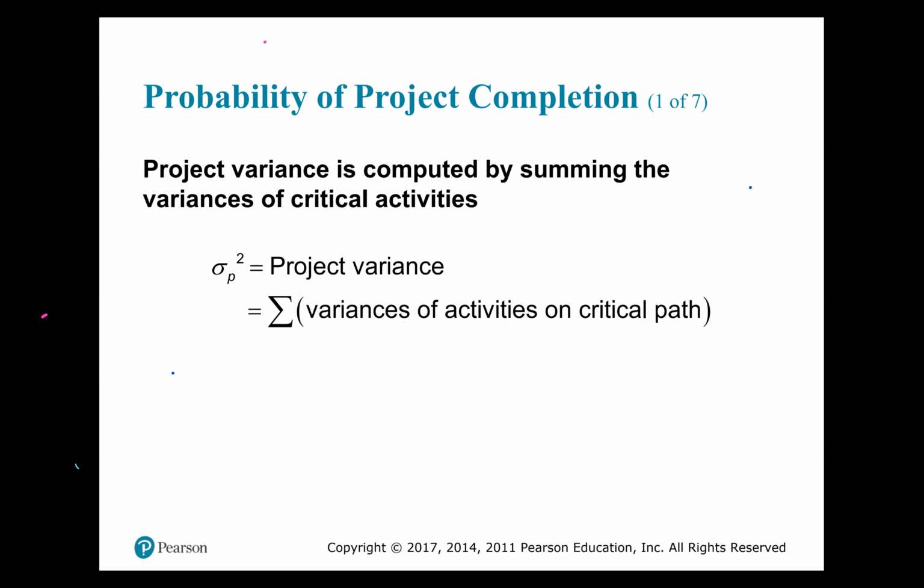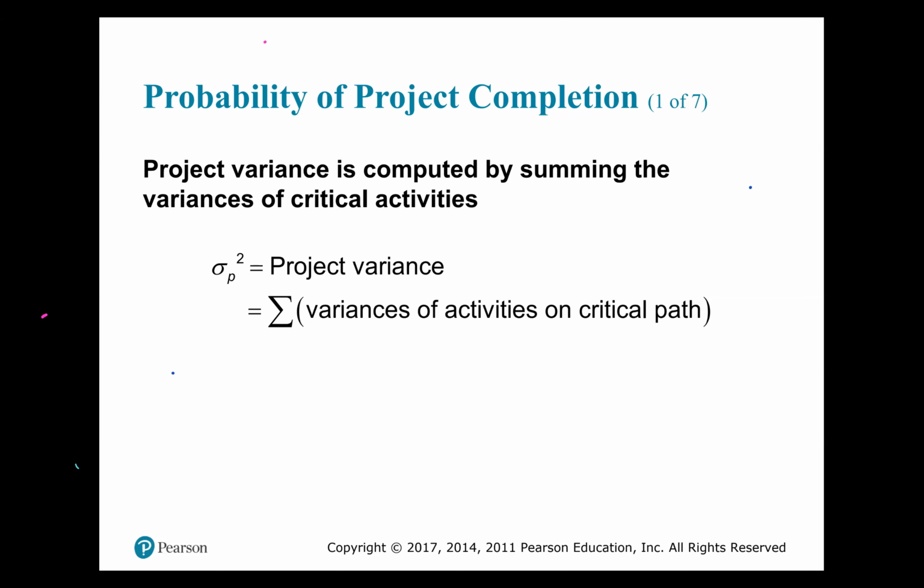Now, when we find the variance of each critical activity and sum them, we can proxy the variance of the project, right? Now, sigma squared, you're finding the variance.